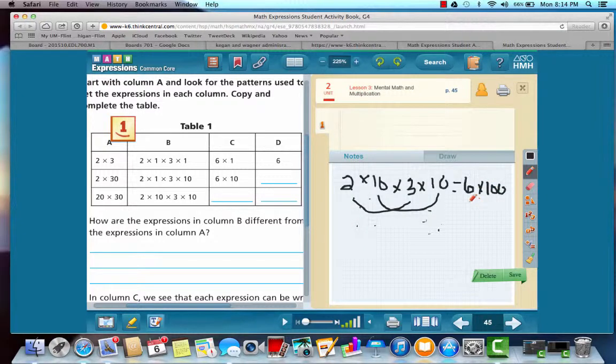And when you easily multiply this equation, 6 times 100, I think you all can do that, because then you're going to end up with the product of 600, which is the answer you're looking for to the multiplication equation of 20 times 30. So I'm going to have you try it and look at some equations yourself and try it out.